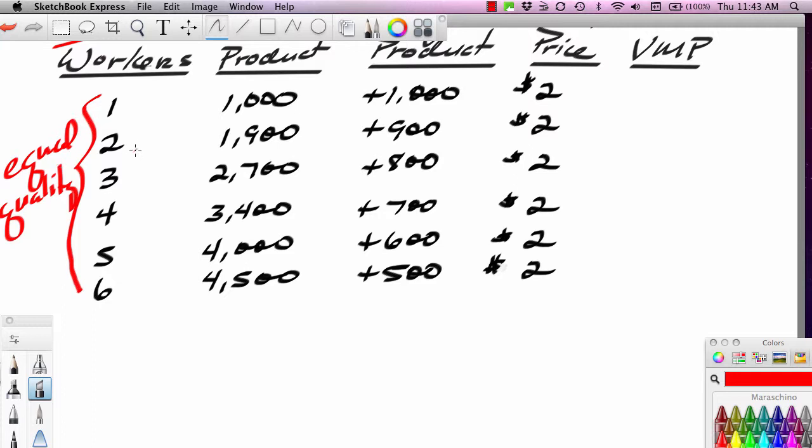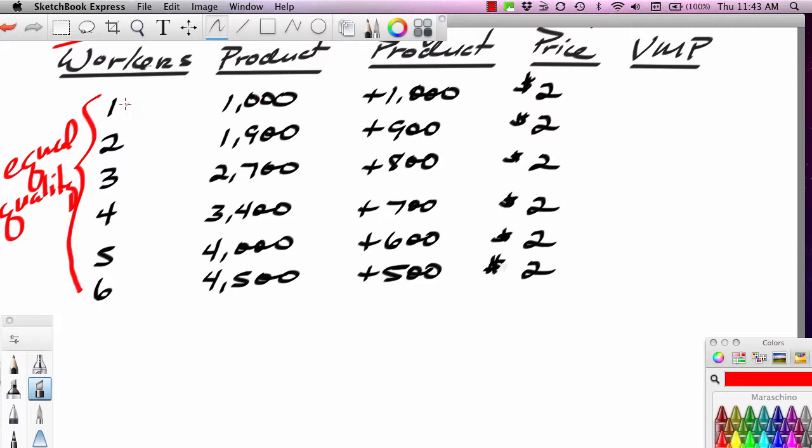They're all equally trained, they're all equally motivated, they're all equally drug-free, they're all equally sober, they're all equally happily married or unhappily married, whatever the case might be. The point is, these workers are of equal quality. So all 6 workers have identical marginal productivity in terms of their quality. Their quality is equal.